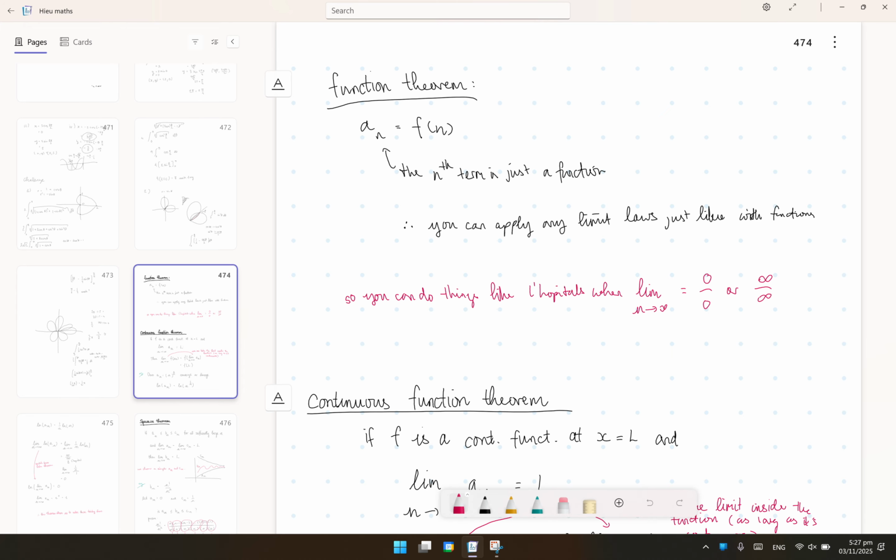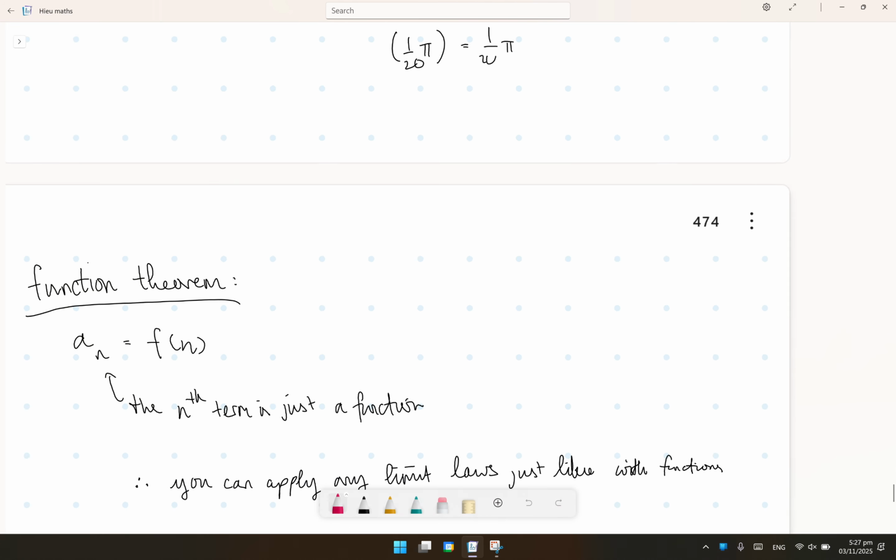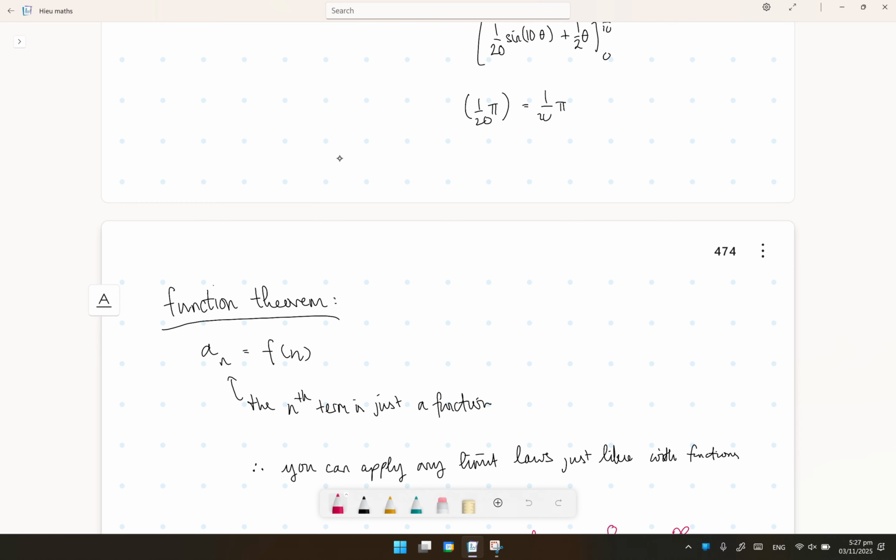So the function theorem: basically, if you had a sequence like 1, 2, 4, 8, 16, this is clearly the nth term equal to 2 to the power of n minus 1. The first one is 1 minus 1 is 0, so 2 to the 0 is 1.